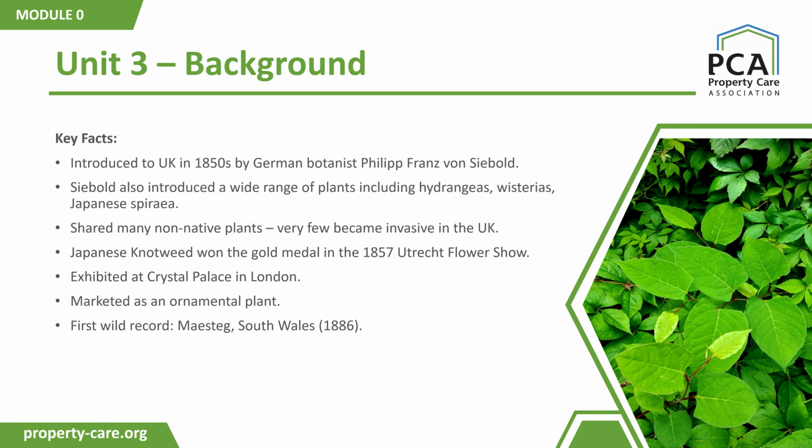Japanese knotweed gained fame in Europe when it won a gold medal at the 1857 Utrecht Flower Show. It was later exhibited at the Crystal Palace in London, where its fast growth and ornamental qualities caught the public's attention. It was widely sold as a garden ornamental plant, but its ability to regenerate from the smallest rhizome fragments meant it quickly escaped cultivation.